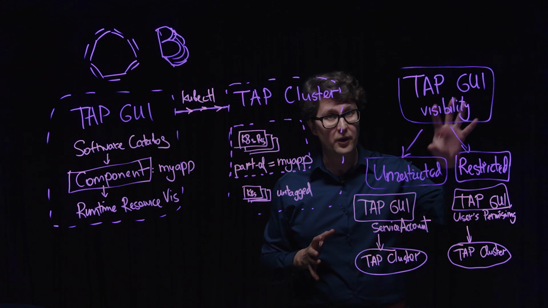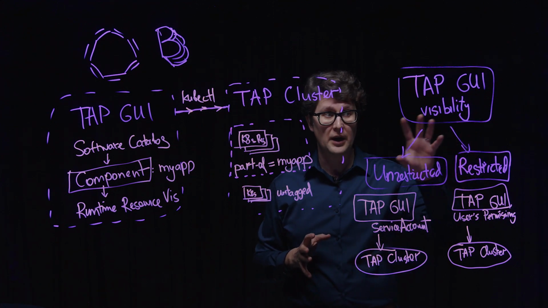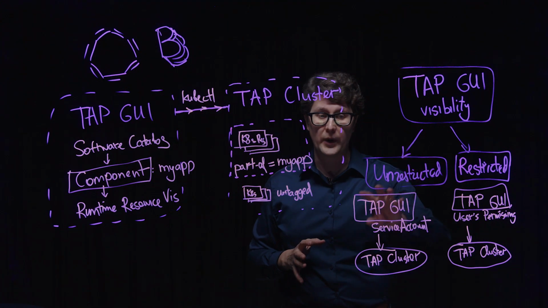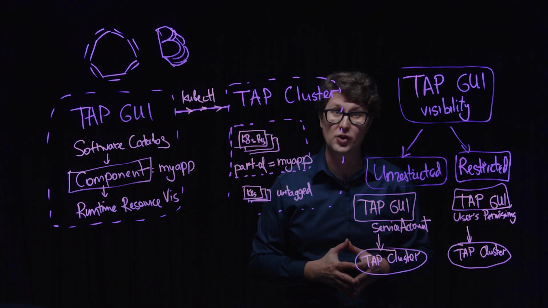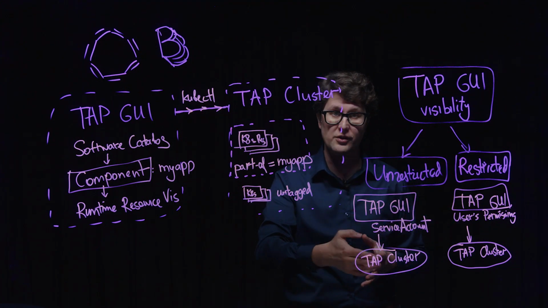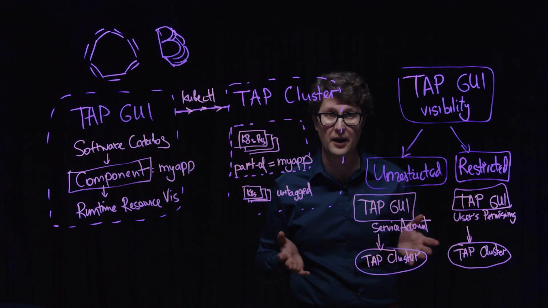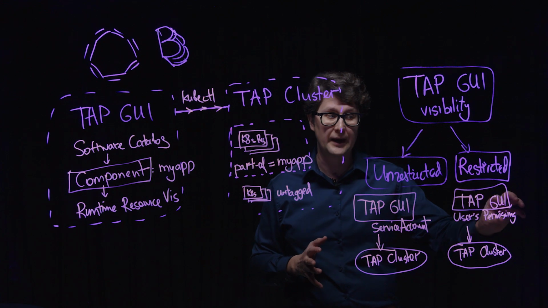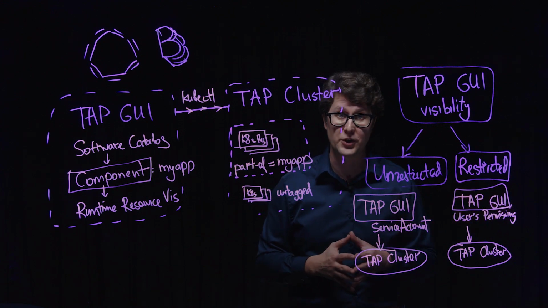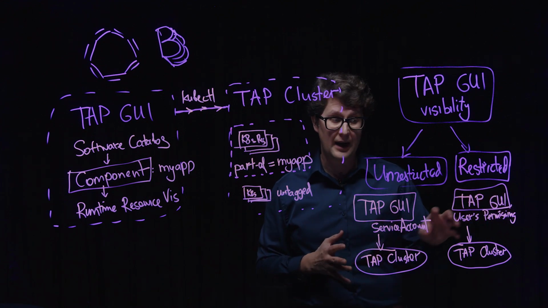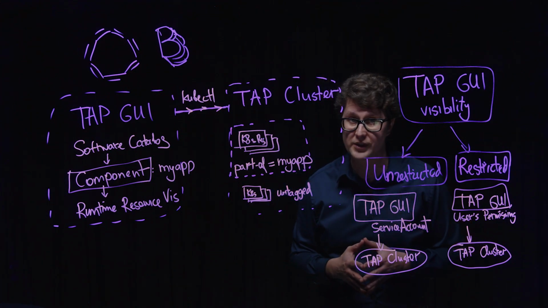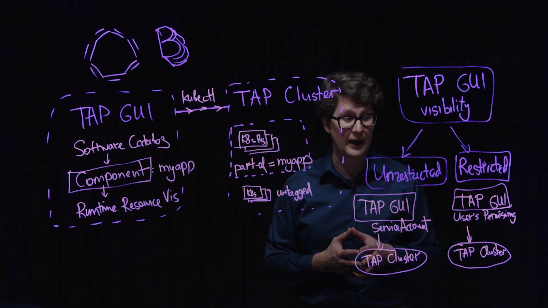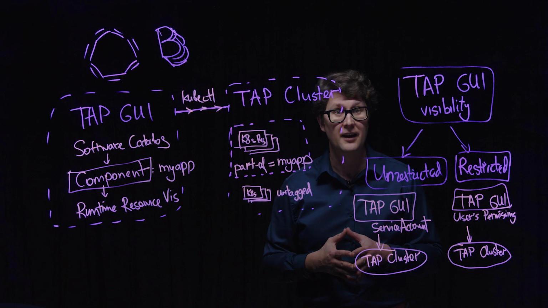We also talked about the different modes of operation. With unrestricted mode, TAP GUI uses a specific service account that fetches all the resources it is allowed to view, to a more restricted mode where it takes users' permissions into account and fetches only the resources that these users have the right to see.